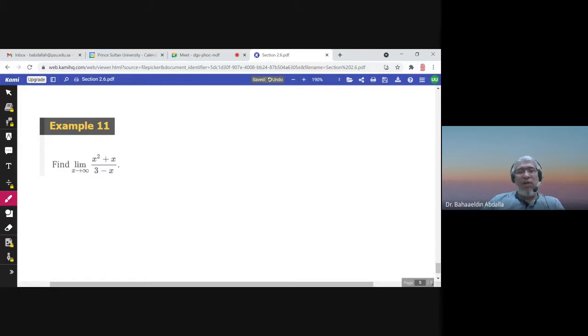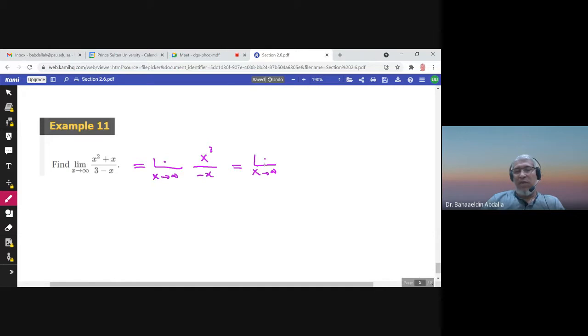So how to find the limit of this function when x approaches infinity? As usual, the highest power in the numerator is x to the power 3. The highest power in the denominator is negative x. This method works only when you have limits at infinity. So when you cancel, you get what?